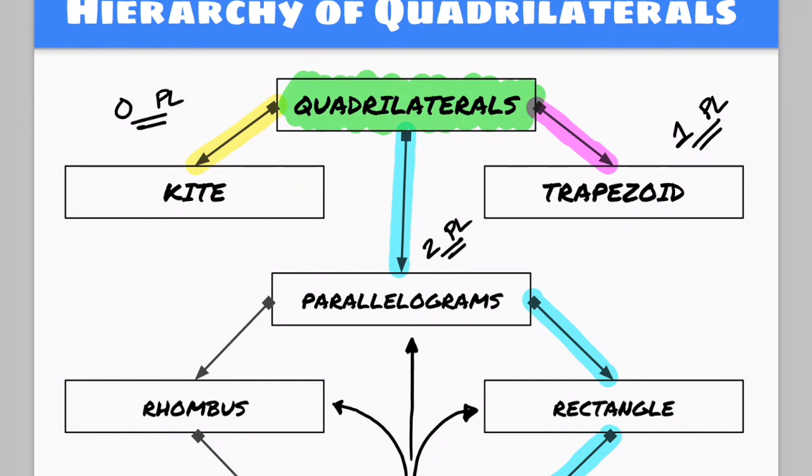So when you think about a square's classification, a square can be a rectangle, a rhombus, a parallelogram, and then all parallelograms are quadrilaterals. So a square is really one of the more versatile of the quadrilaterals because it can be so many different things.